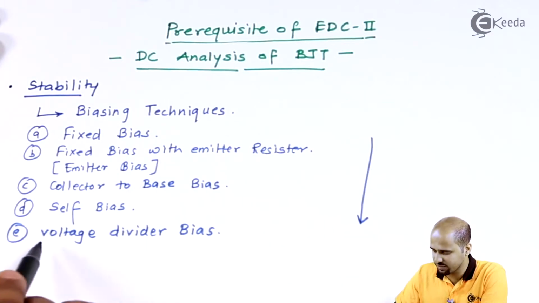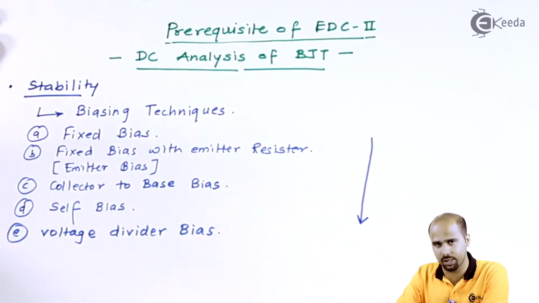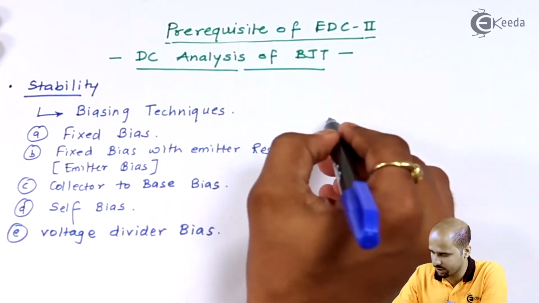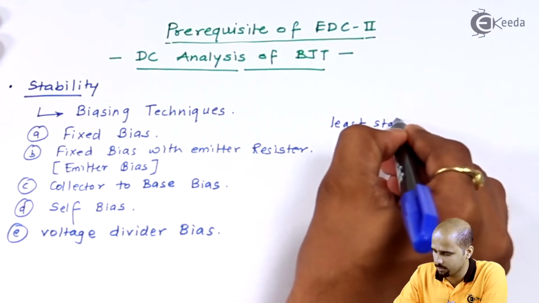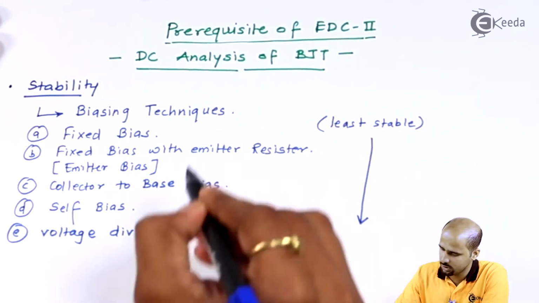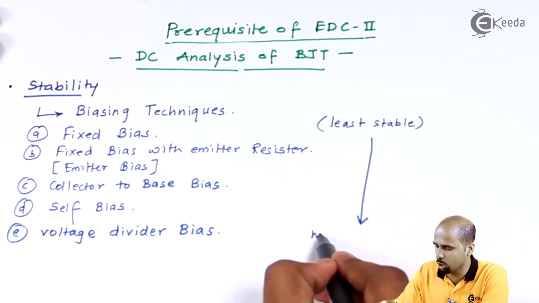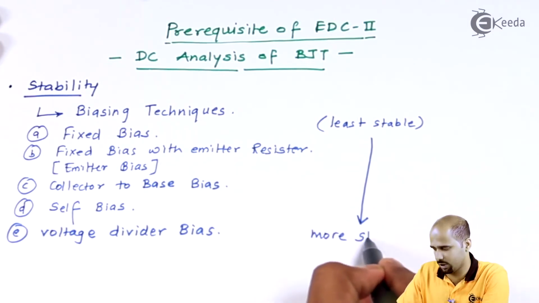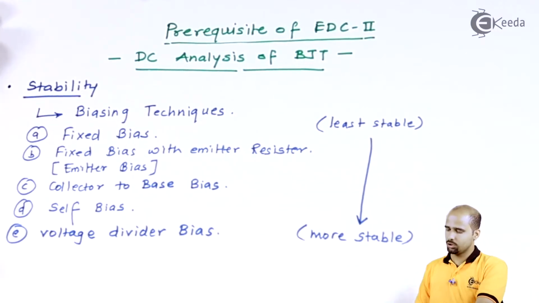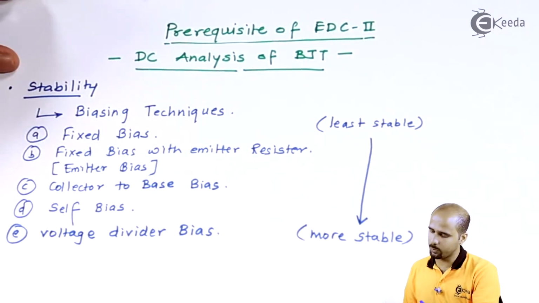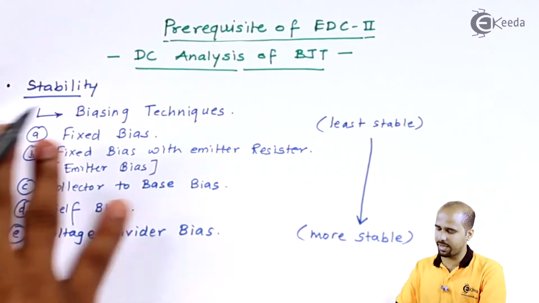So voltage divider bias is more stable and fixed bias is least stable. Let's learn the biasing techniques one by one.